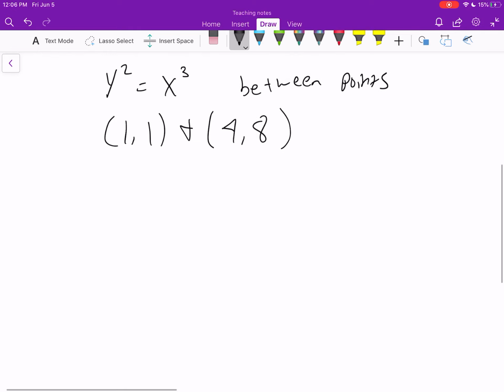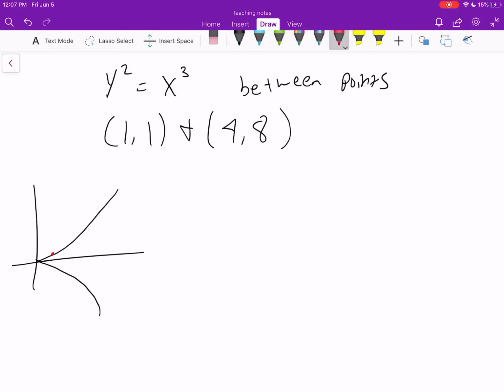They give you a plot here so you can get an idea of what's going on. The part of the graph we're interested in is the part I've just highlighted in red. You can see that this graph is always positive between those two points.